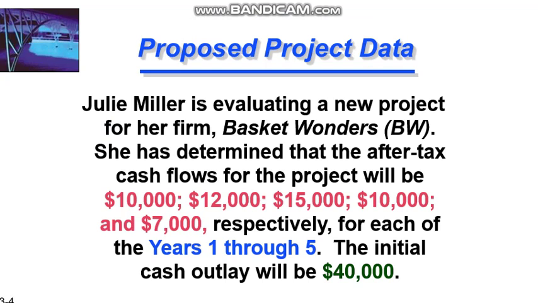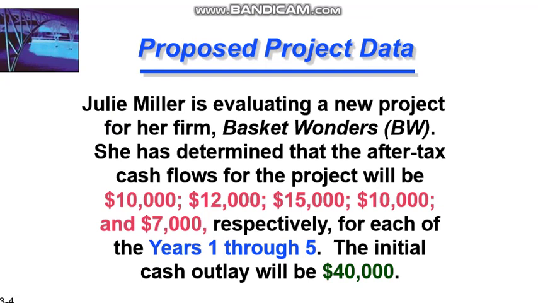And what is the proposed project data? Julia Miller is evaluating a new project for her firm, the Basket Wonders. She has determined that after-tax cash flows for the project will be 10,000, 12,000, 15,000, 10,000, and 7,000.